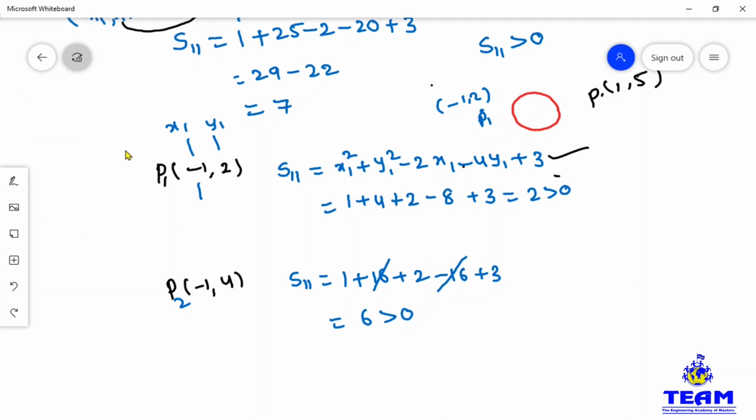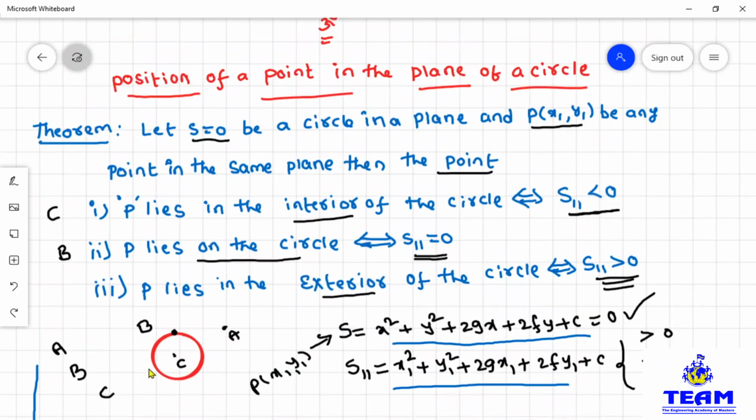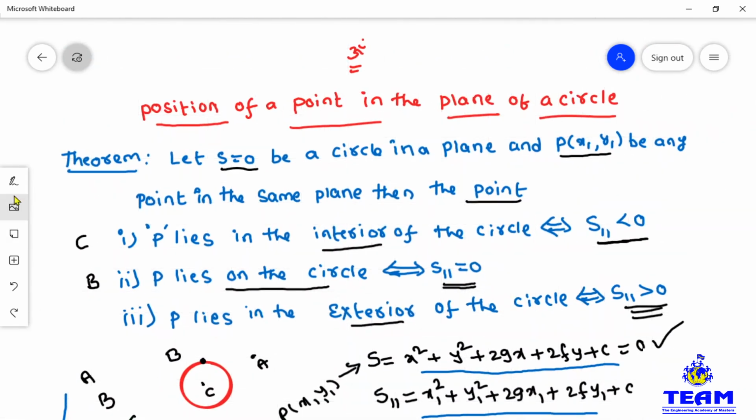You see friends, suppose they are given a circle in the form of x square plus y square plus 2gx plus 2fy plus c is equal to 0, and they will give one point P in the same plane. Circle is, suppose, in the xy plane, and the point is also in the xy plane only. Then in this case what will happen?